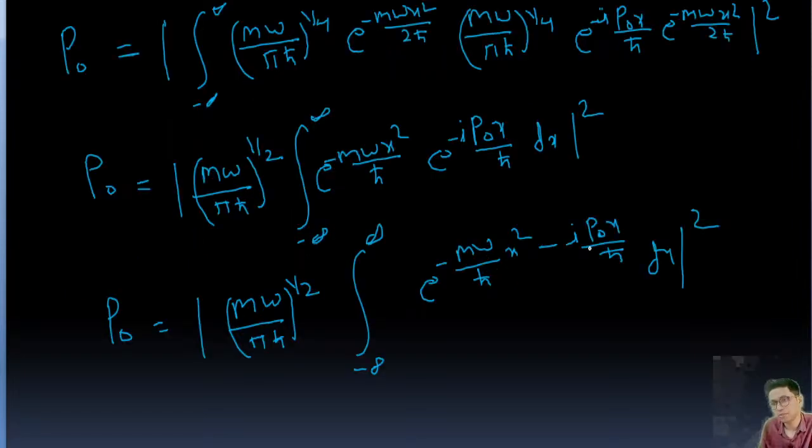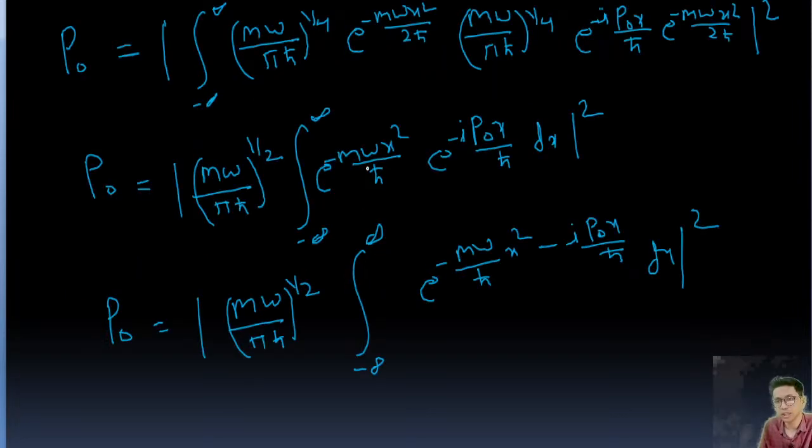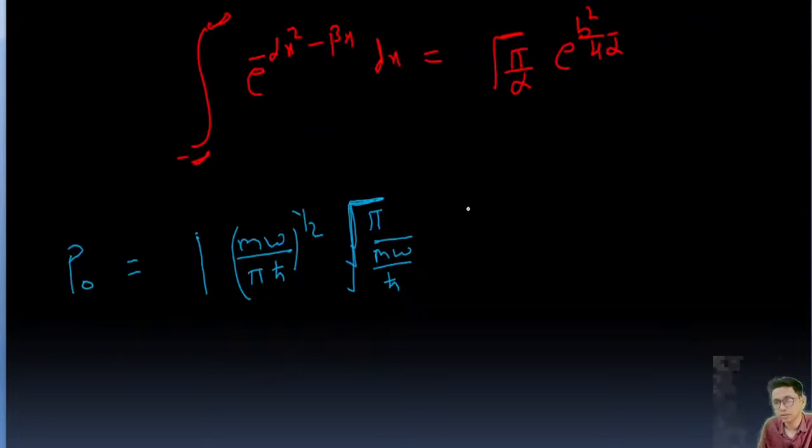So root pi upon alpha, where alpha means m omega upon h cut, into e to the power b square.